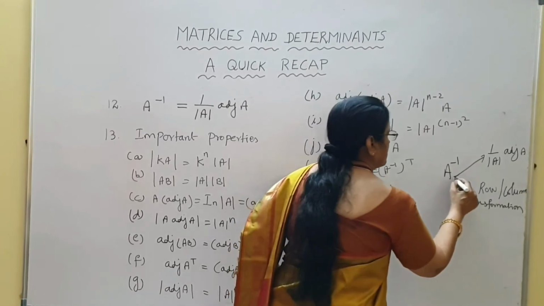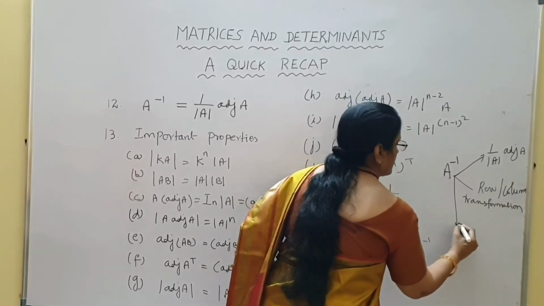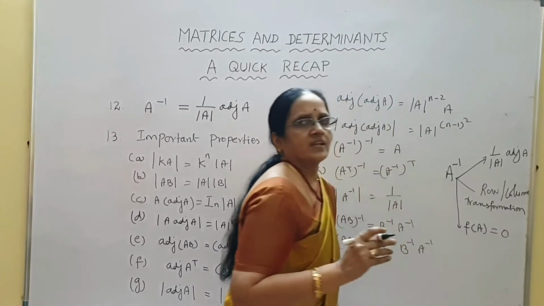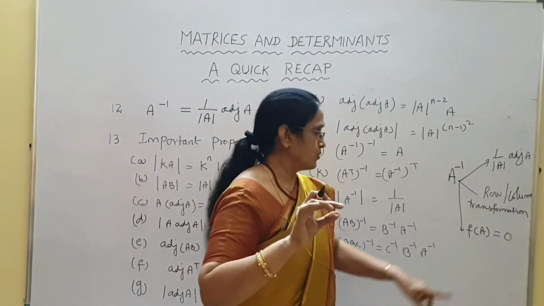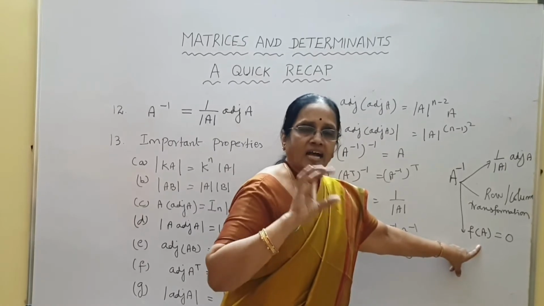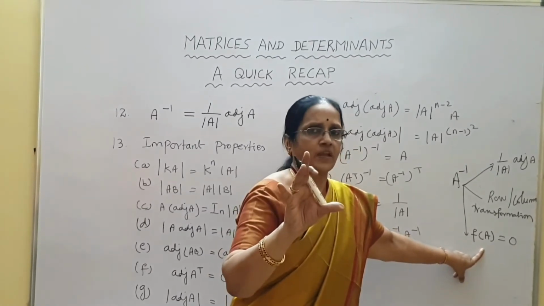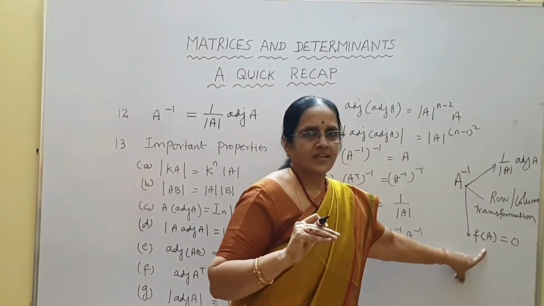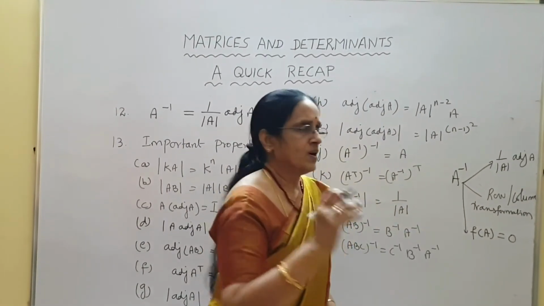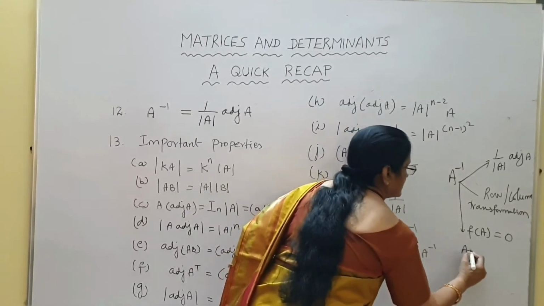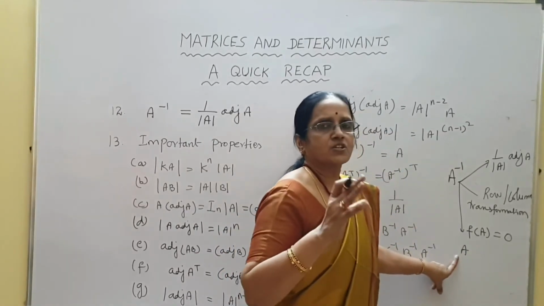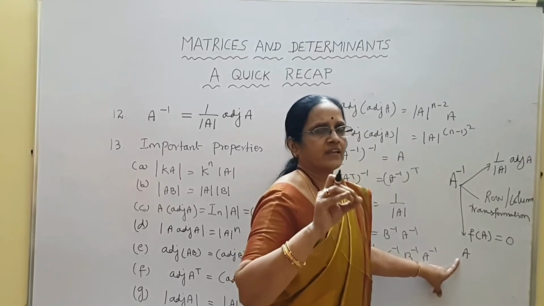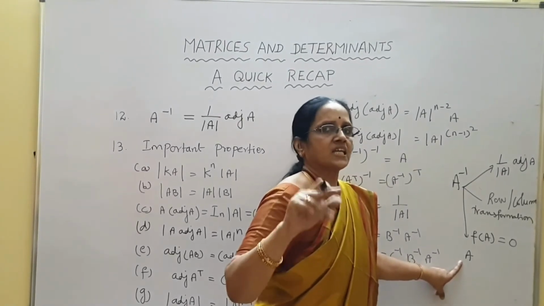And then third method is, they may give you an equation of the type f of A equal to 0. They will ask you to prove this. And then using that equation, you will be asked to find out A inverse. For example, they may give a matrix A. They will ask you to prove that 7A square minus 5A plus 17 equal to 0.